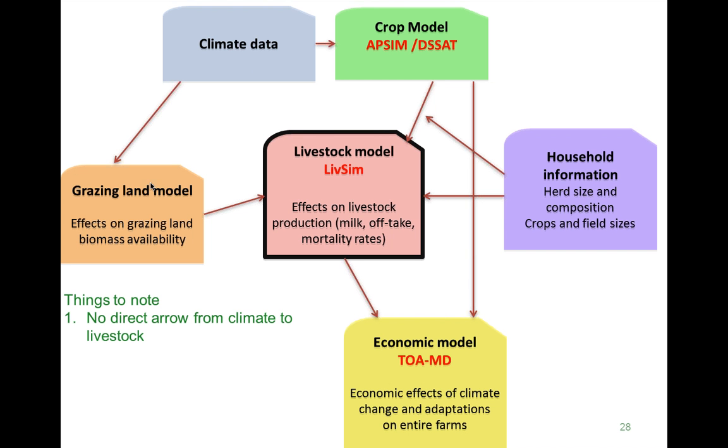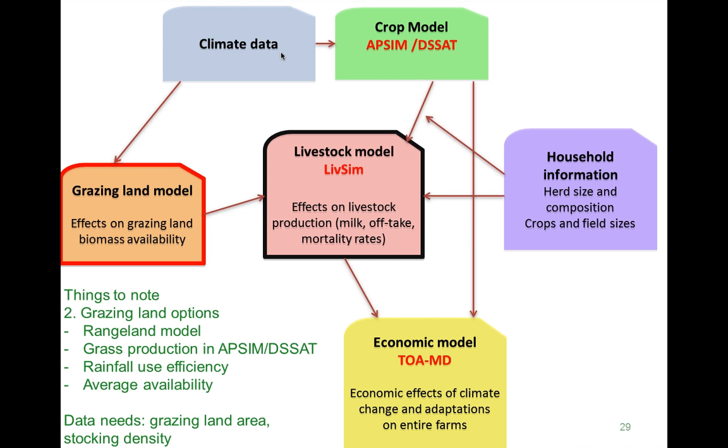So the only way we simulate effects of climate change on livestock is through effects on grazing land, and so the biomass that becomes available on these grazing lands, and through the effects of climate on on-farm fodder production. Okay, so that's an important thing to note.